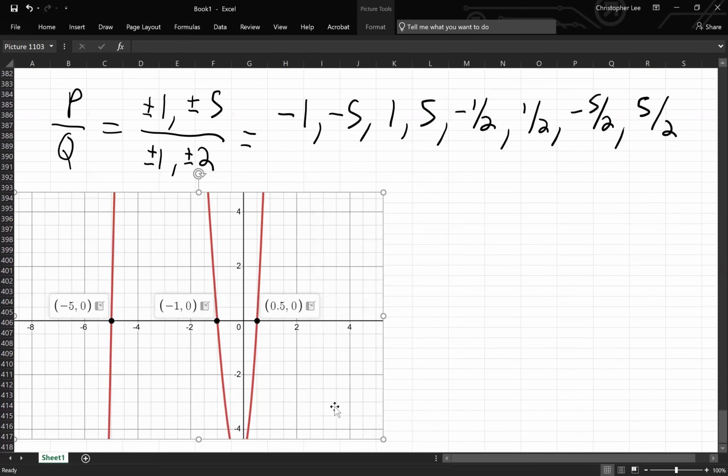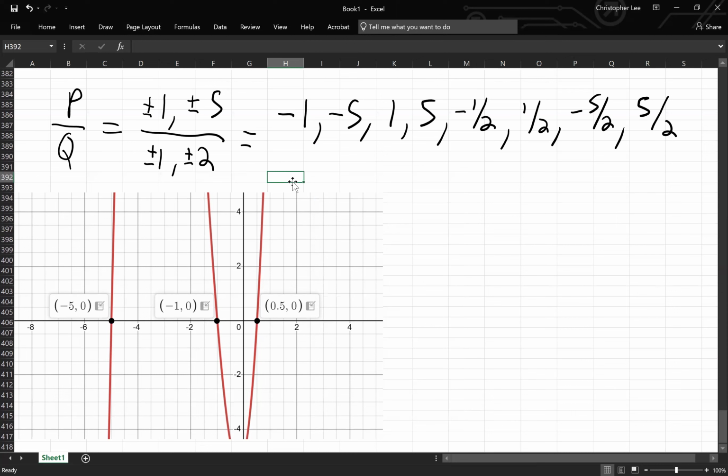It's okay if you only found two. You can find two and then use long division or synthetic division to find the last. In this case, I found all three. So now, what do I have to do after that? We have to prove that this actually works. We can't just find it and say, oh, that's it.